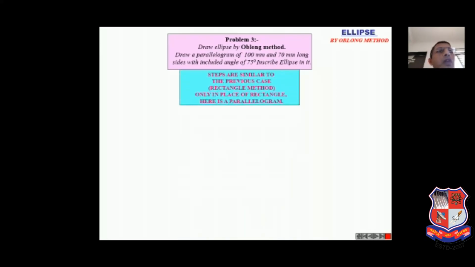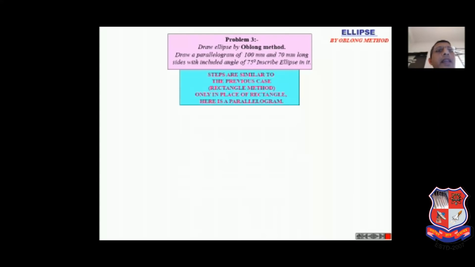Now the third method is the oblong method. So what is given to us? Draw an ellipse by the oblong method. Draw a parallelogram of 100 mm and 70 mm long sides with an included angle of 75 degrees. Inscribe an ellipse in it. So what is different from the previous problem?